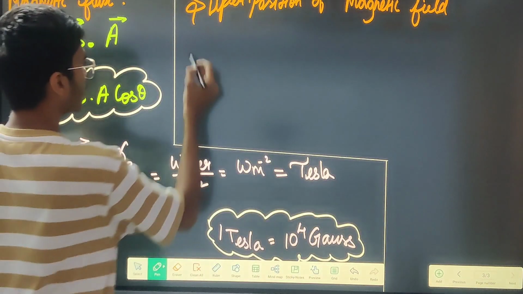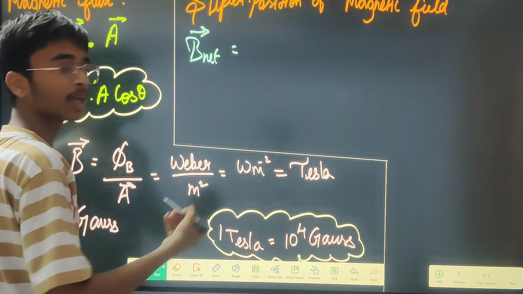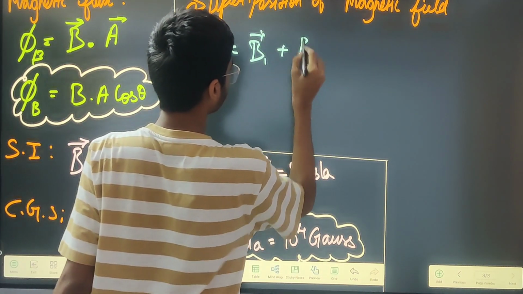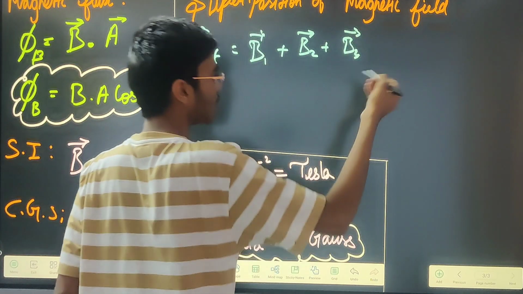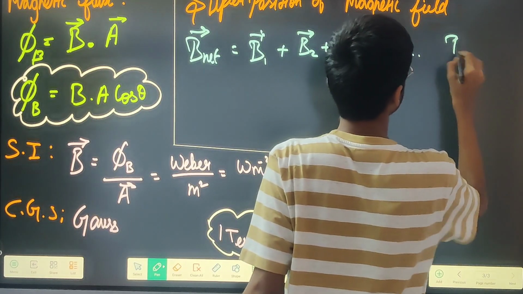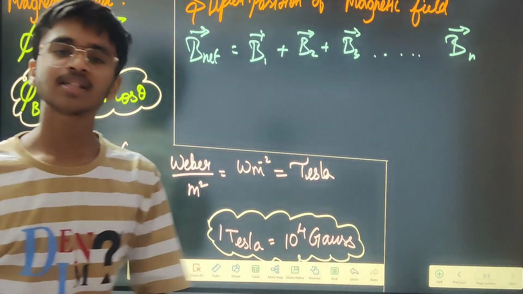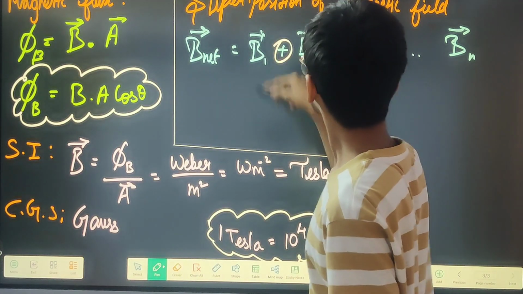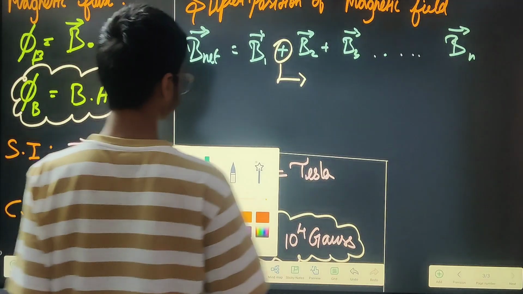For vector quantities, B vector net is equal to B vector 1 plus B vector 2 plus B vector 3 plus so on up to B vector n. This plus is actually based on the direction of the magnetic field.